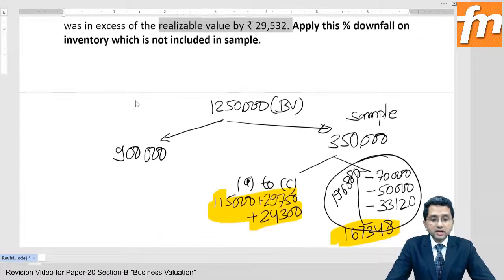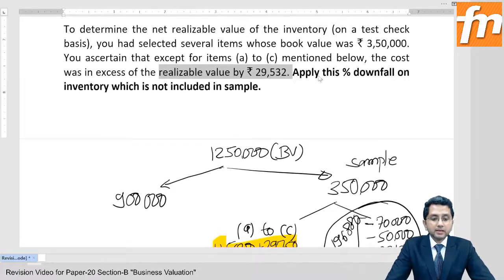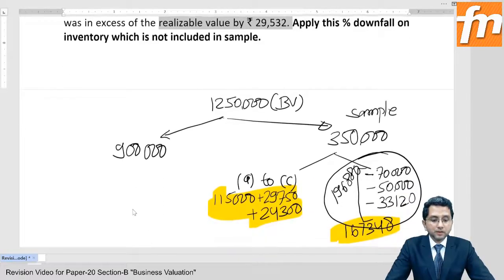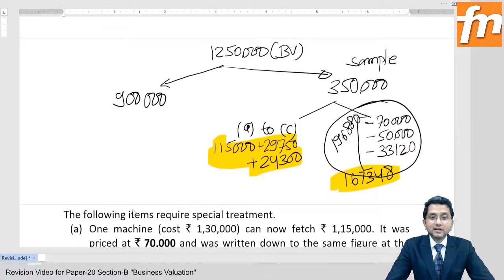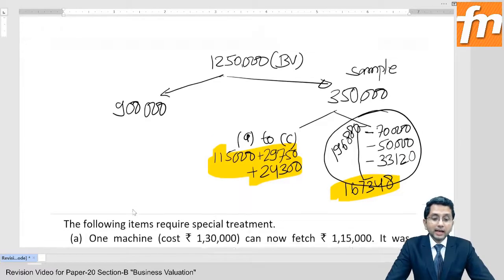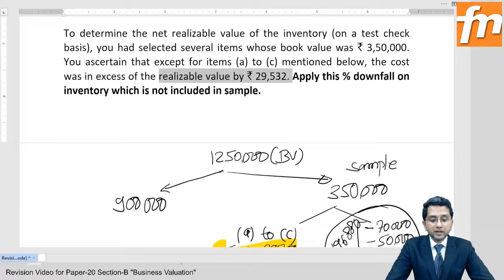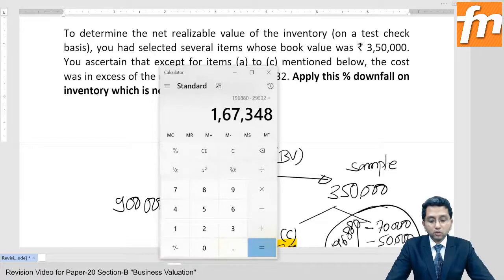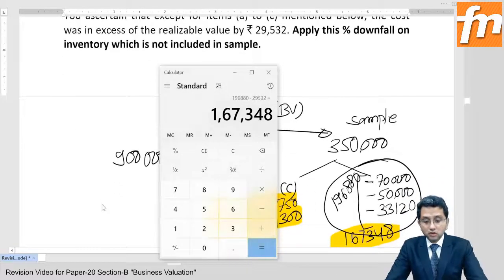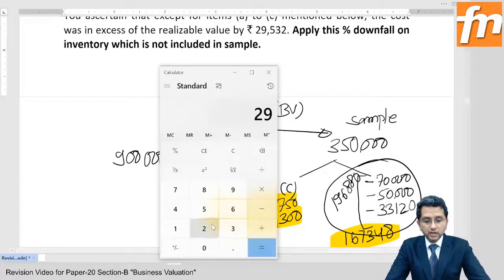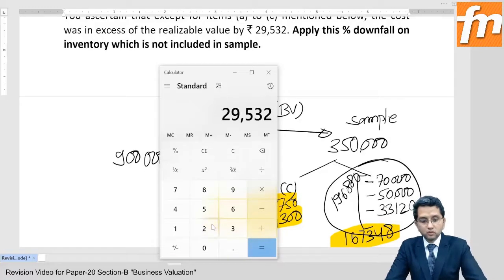For that, the question has given us a guide that this percentage downfall should be applied to 9 lakh also. So 196,880 was book value and downfall is 29,532.